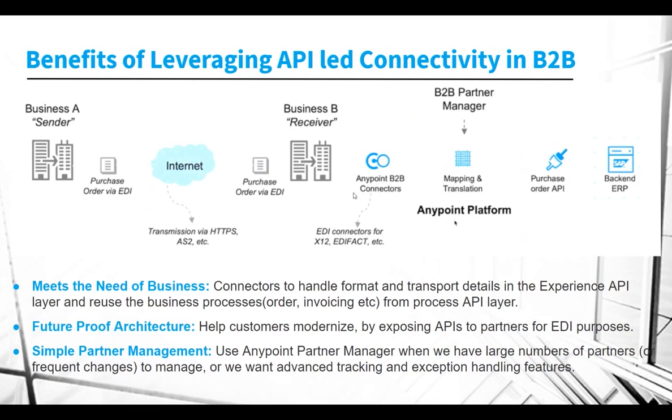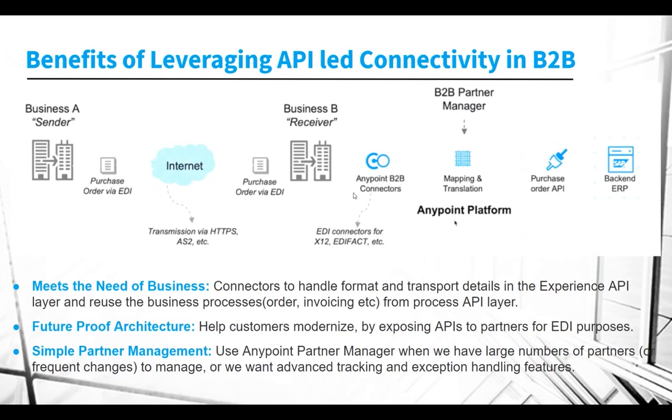Okay. So we have a business A, let's say this is a sender, and business B is the receiver. Business A sends a purchase order via EDI, and once business B receives it, assume that this enterprise, business B, has an API-led network. Partner A might use different formats and different transport protocols as well.